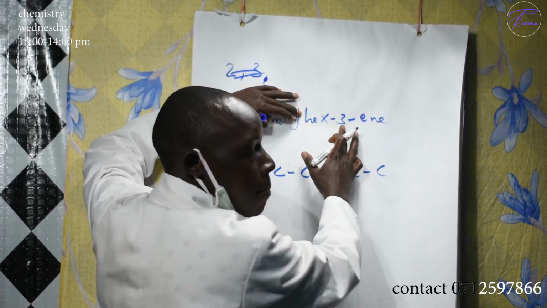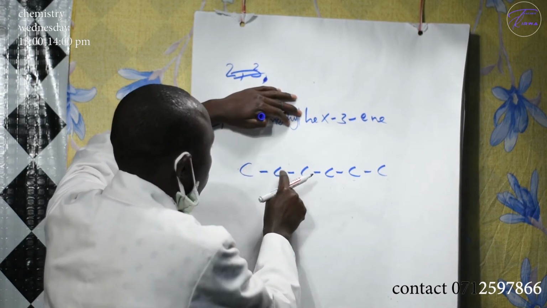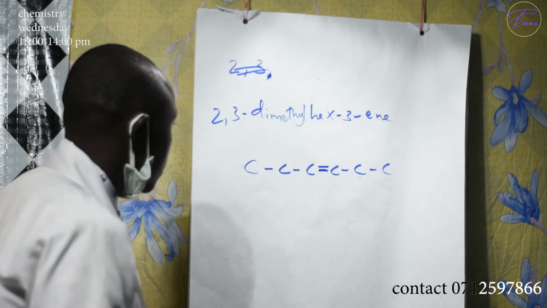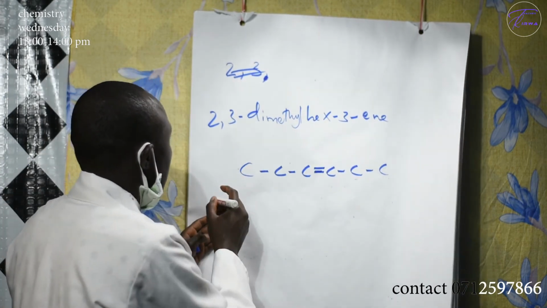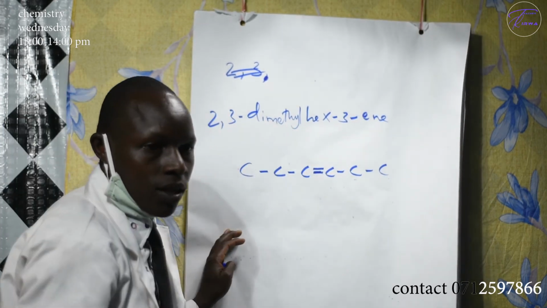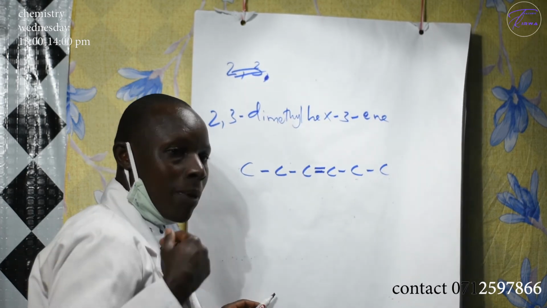Now, at carbon number 3, you have a double bond. Dimethyl means you have 2 methyls.